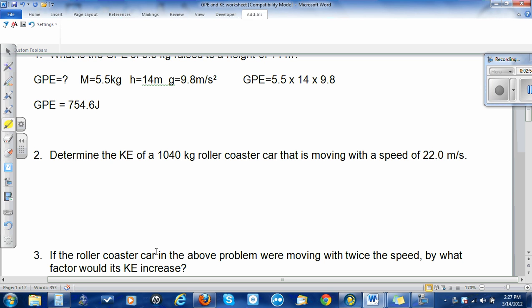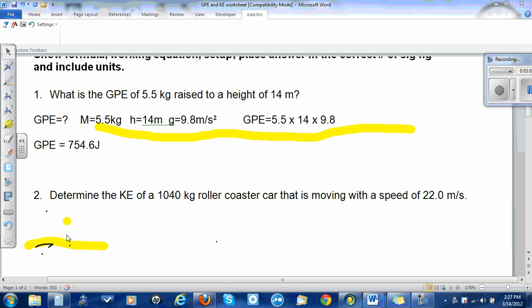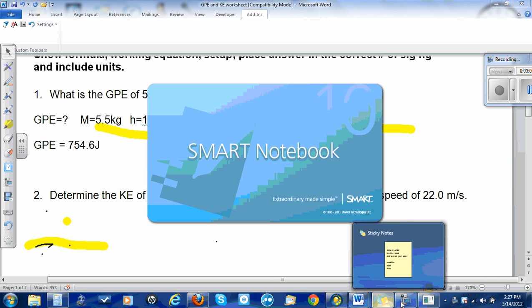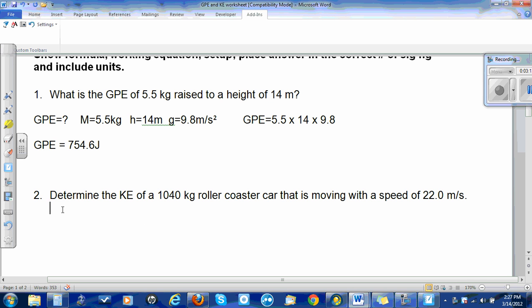Problem number 2 asks us, determine the KE.